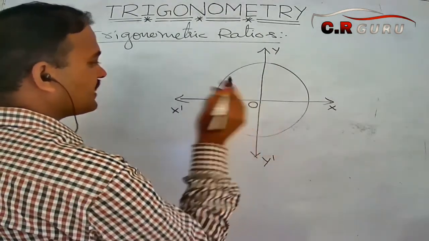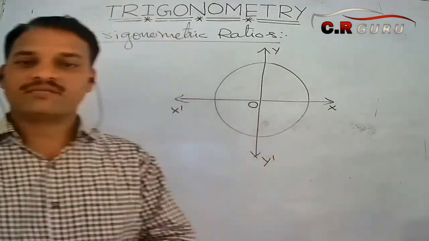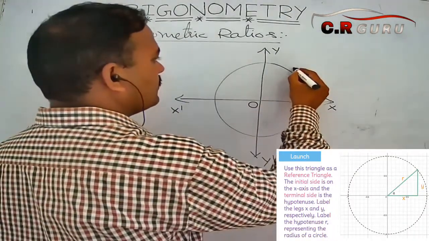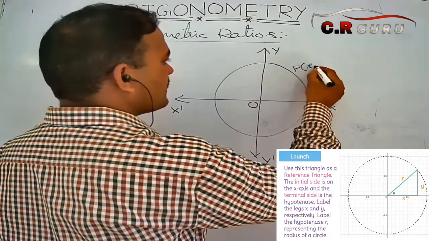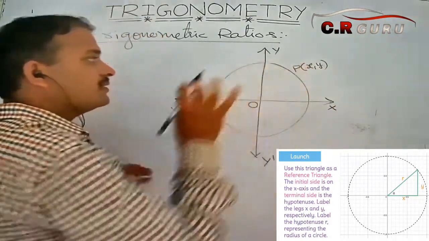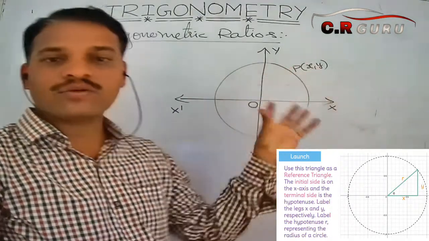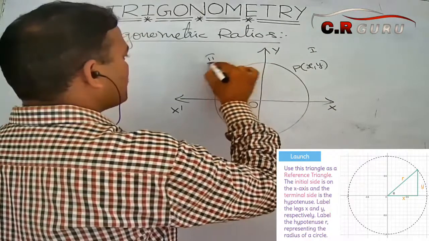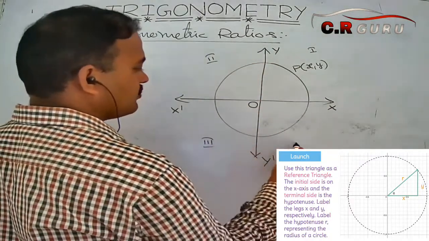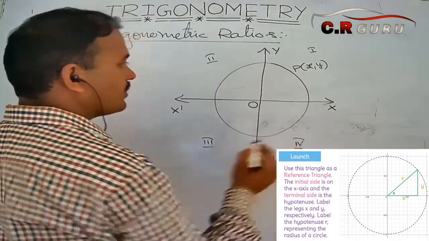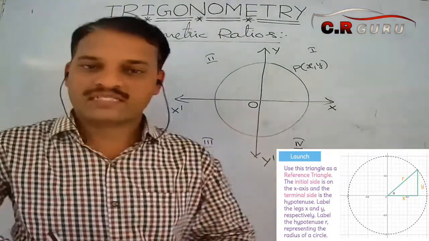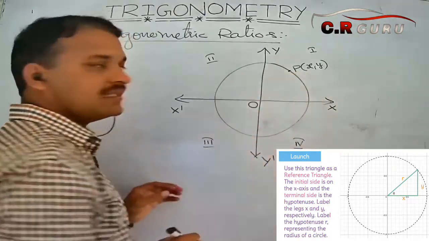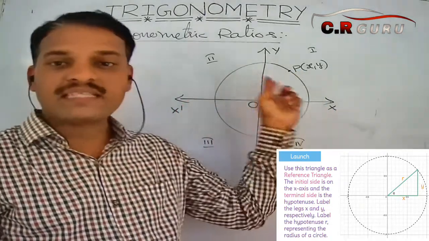Both are meeting at the point origin O. Now I consider one point P (x, y) in quadrant 1. The coordinate plane is divided into 4 parts: first, second, third, and fourth. Now I consider one point P (x, y), an ordered pair, which lies on the circle.